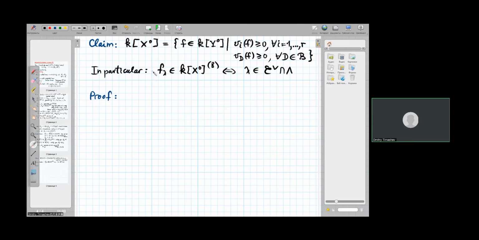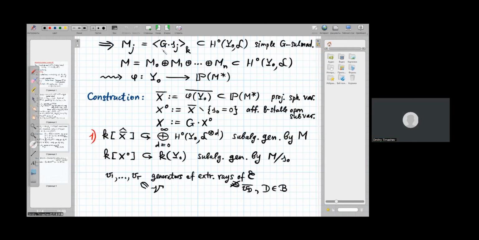Well, the image of Y0 is inside X0, right?